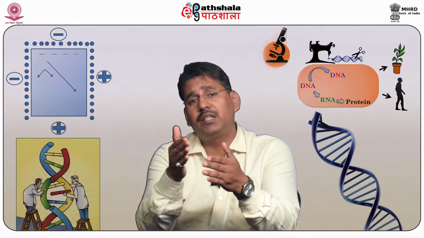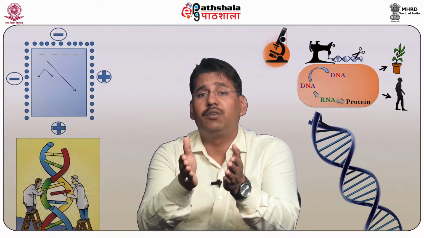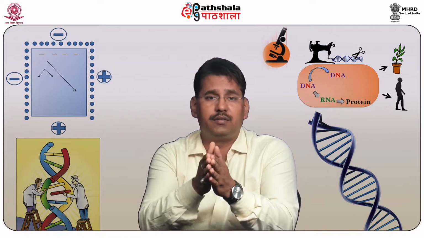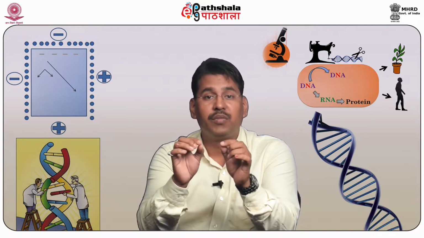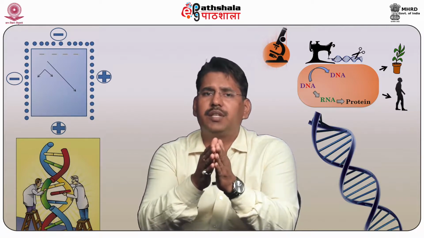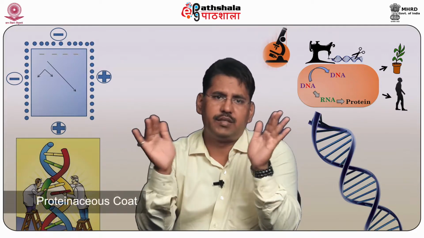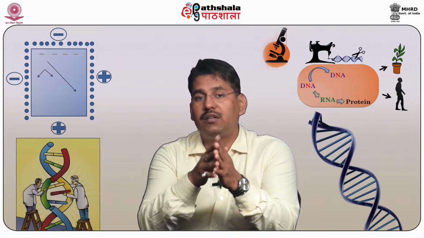The bacteriophage M13 is a filamentous phage that infects E. coli via the F pilus. Its genome is a single stranded DNA of approximately 6.4 kilobases, surrounded by a proteinaceous coat called the capsid.